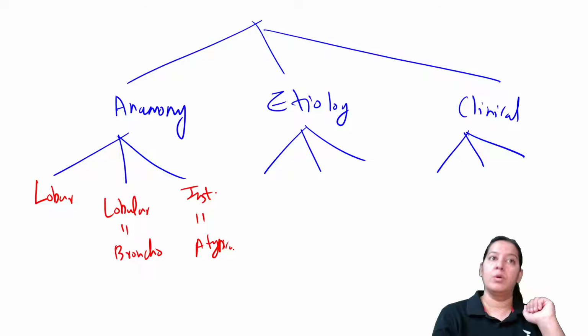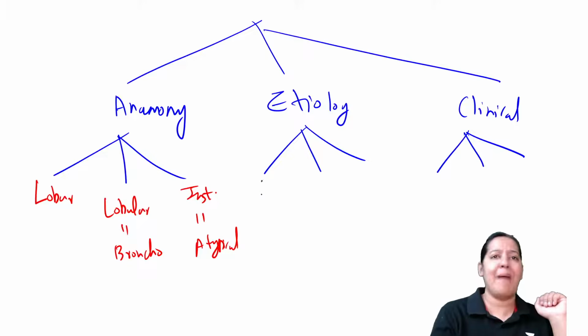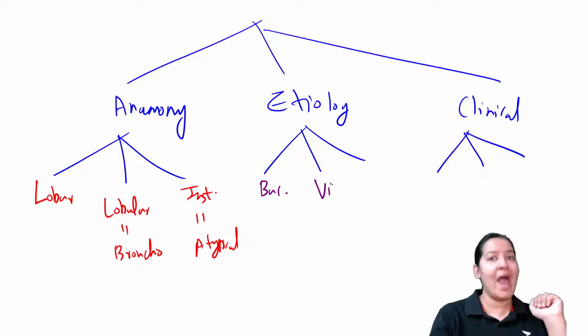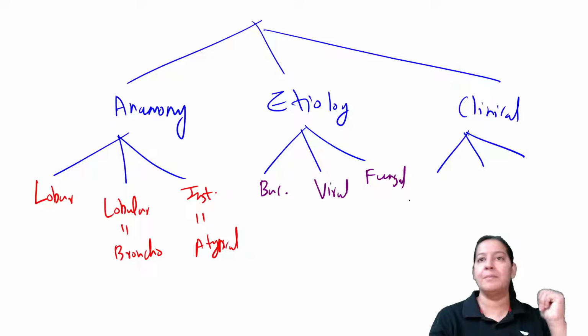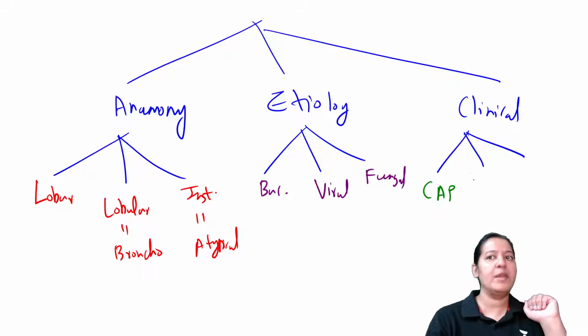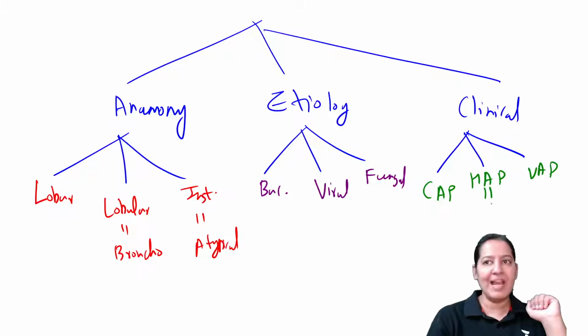Learn the other names also. Etiology is very easy: bacterial pneumonia, viral pneumonia, and fungal pneumonia, based on the infectious organism. Based on clinical settings, again three types: community acquired pneumonia, hospital acquired pneumonia, and ventilator acquired pneumonia. Hospital acquired pneumonia is also known as nosocomial pneumonia.